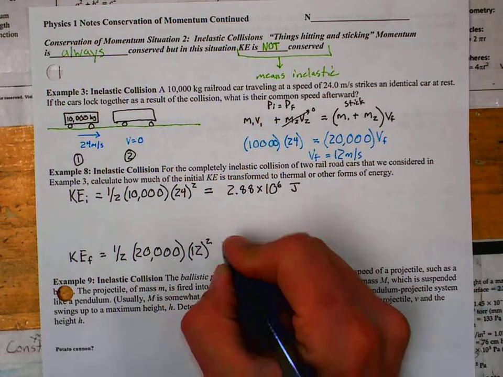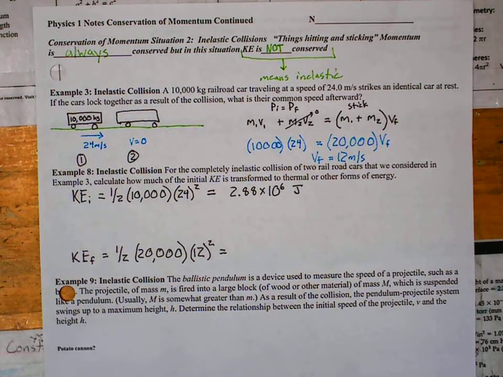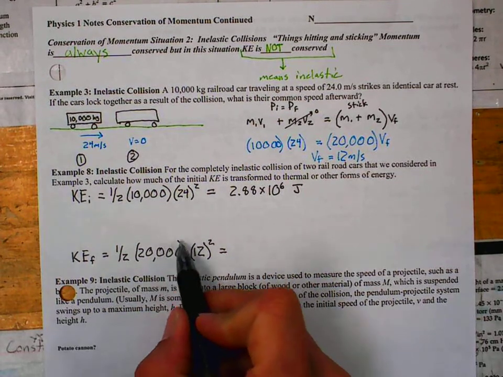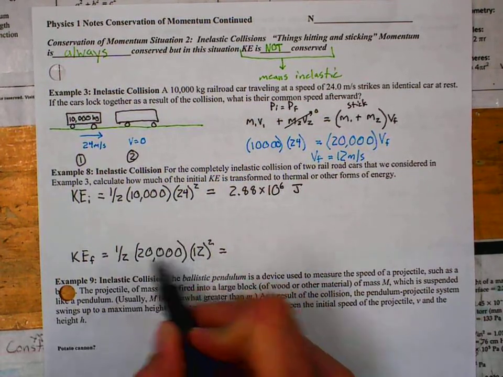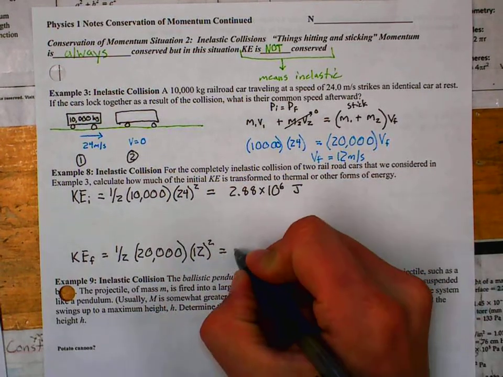And let's figure out how many joules are left over. So we're going to do 10,000 times 144, which is 12 squared. And what do we get? 1.44 times 10 to the 6th.